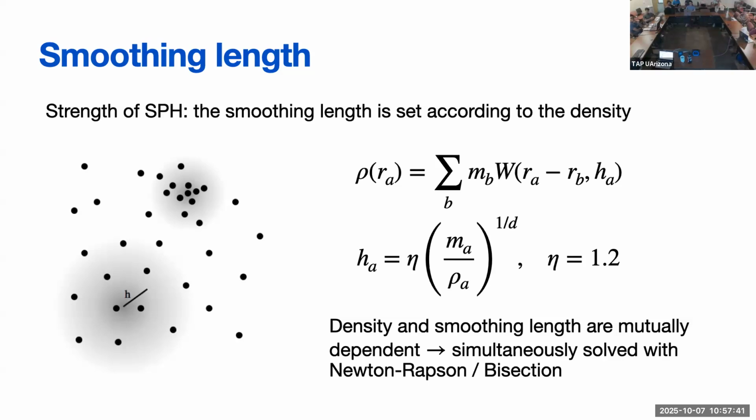With an eta of 1.2, more or less the number of neighboring particles is of the order of 50 to 60. This can be changed, but this is found to be a good compromise between precision and computational cost.